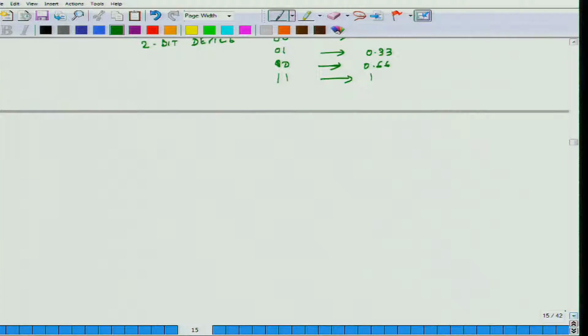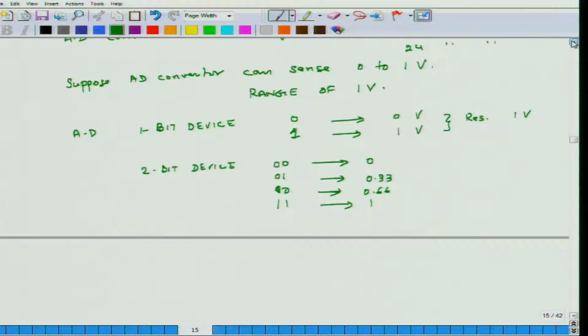So, I can extend. So, what we see is that here resolution is 0.33 volts, and we can actually have a formula. So, resolution is equal to what? Range over 2 to the power of bits minus 1.